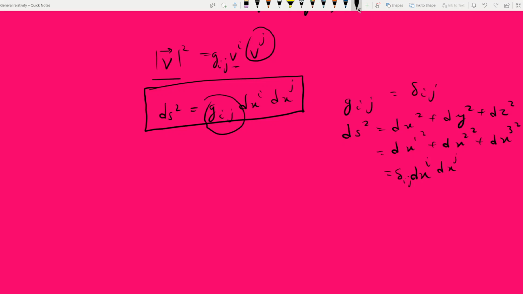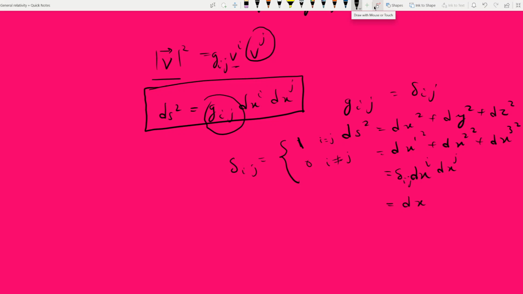What is the Kronecker delta of ij? Well, the Kronecker delta of ij is nothing but a piecewise defined function where if it's 1, it means i equals j, and if it's 0, it means i is not equal to j. So it forces us to set i equal to j, meaning this would become dx.